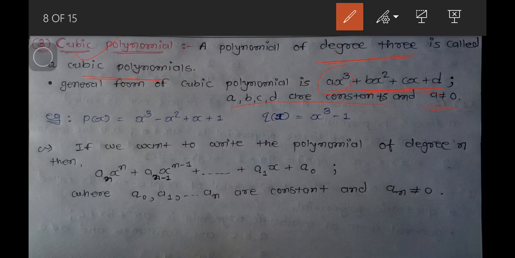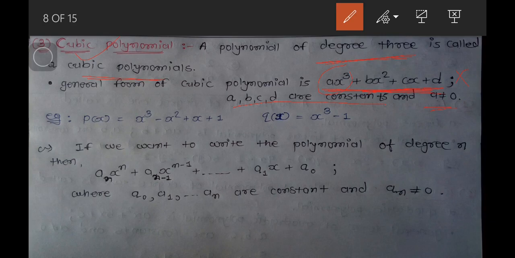Then if we put a equal to 0, it can never be a cubic polynomial. So we have to note that a is not equal to 0. Some examples are given here.